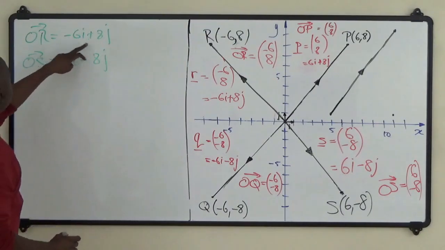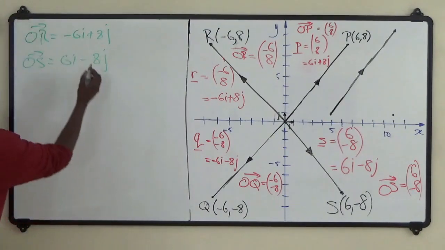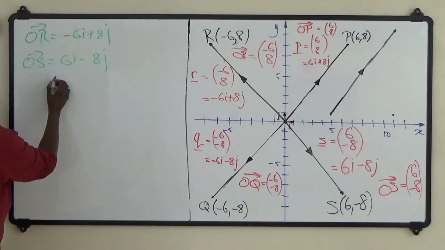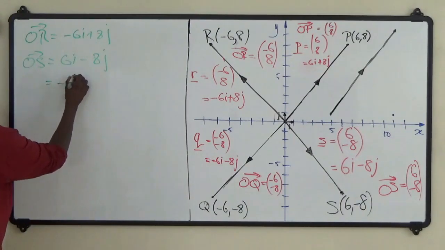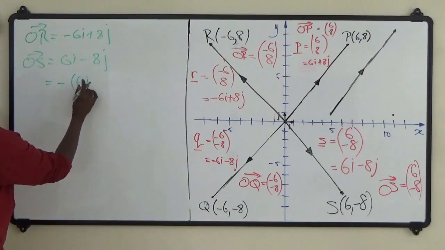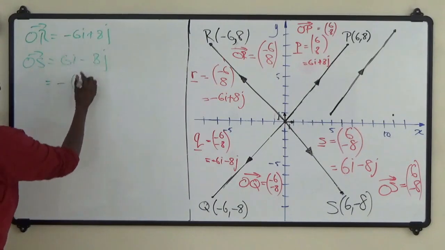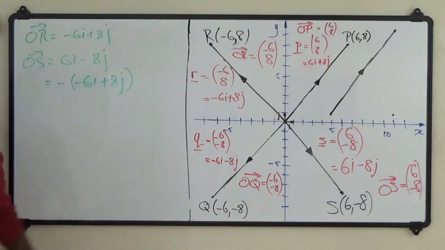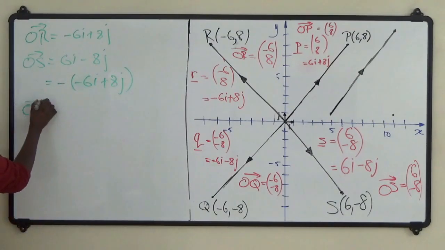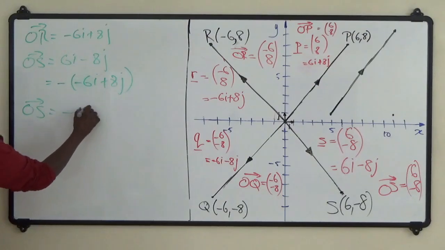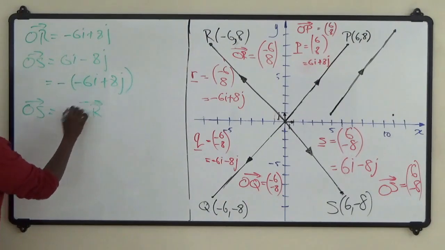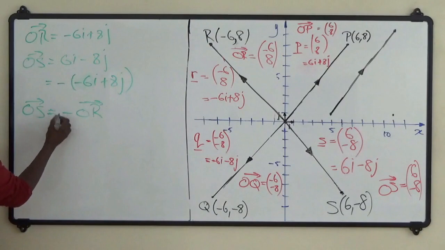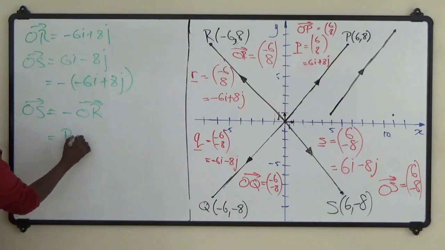Of course, you realize that 6i minus 8j is the same thing as minus of minus 6i plus 8j. So in other words, OS is equal to minus OR, and OS is the same thing as RO.